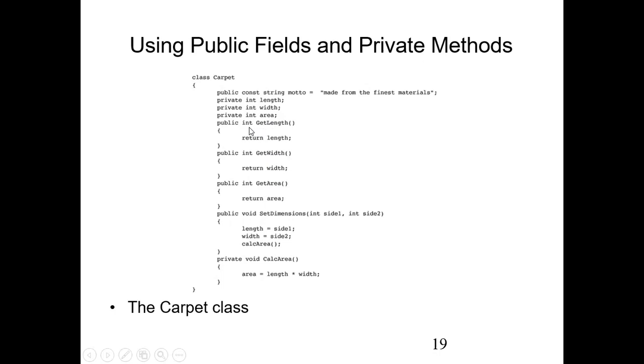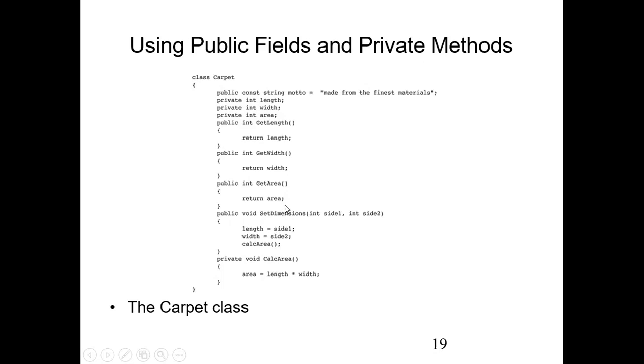The data type of the value returned should be the same as the data type of the value actually being returned. In this case, get length is returning length and the data type of length is int. So this method must return an int, and then we return length. And the same here, get width is returning the width, which is of type int, so its return type is going to be int, and then we return width, right?